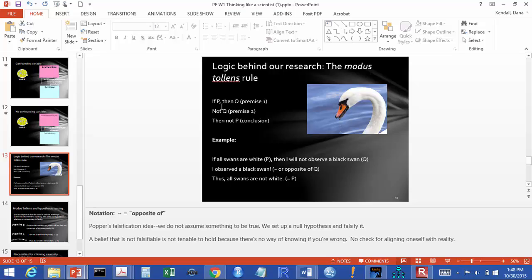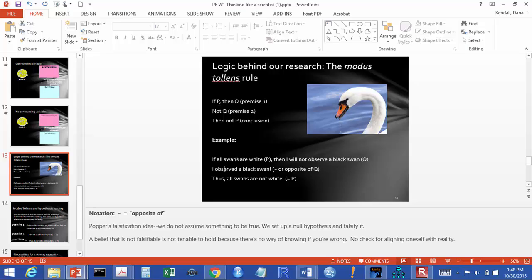Okay, so in this case, if we have a certain condition, then this result follows. So if P, then Q, premise 1. Okay, and I'm going to go through an example here down below in a second. Let's say we have the reverse of Q. Then we can overturn P in that case, and that is our conclusion.